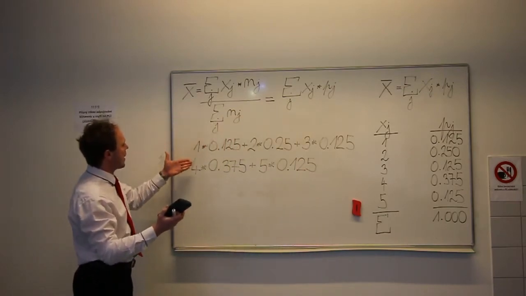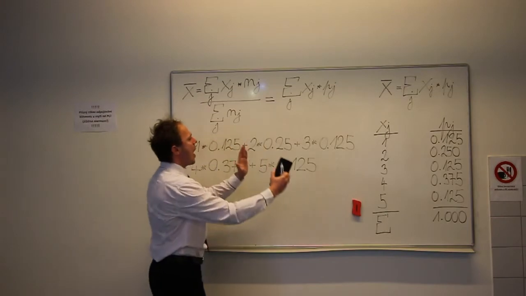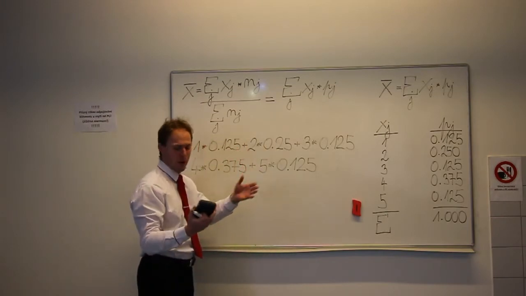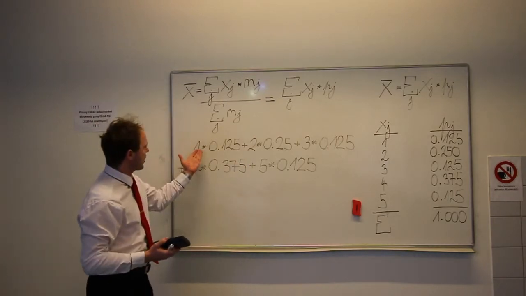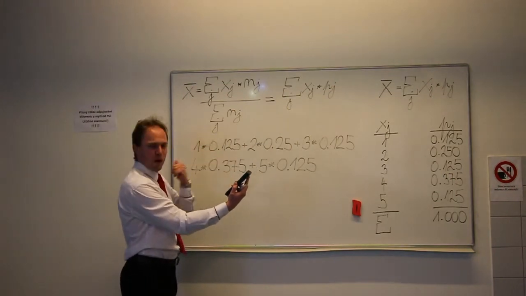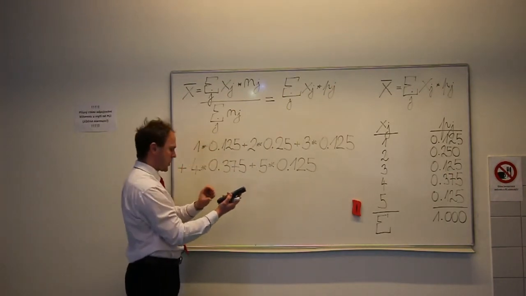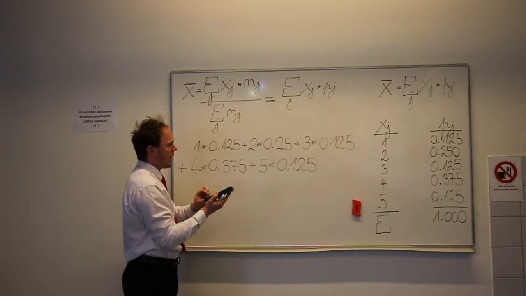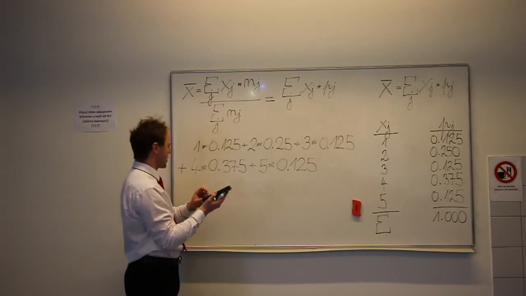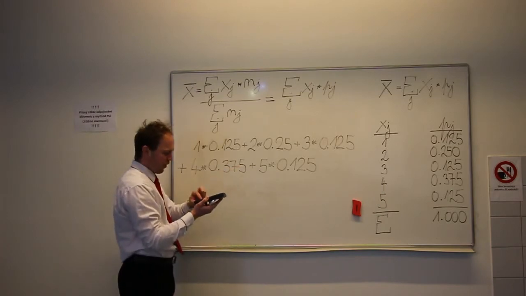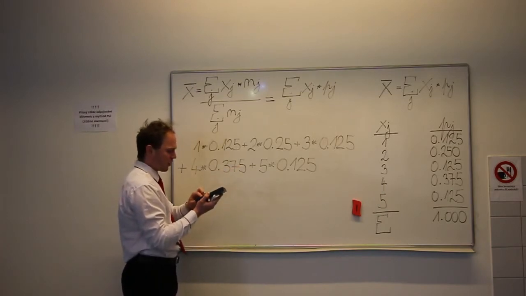Yes, the variable is weighted by relative frequencies, is weighted by relative numbers. Yes, multiplication has bigger priority than summation, so you can write it directly on the display of your calculator and press enter. So 1 times 0.125 plus 2 times 0.25 plus 3 times 0.125 plus 4 times 0.375 plus 5 times 0.125.